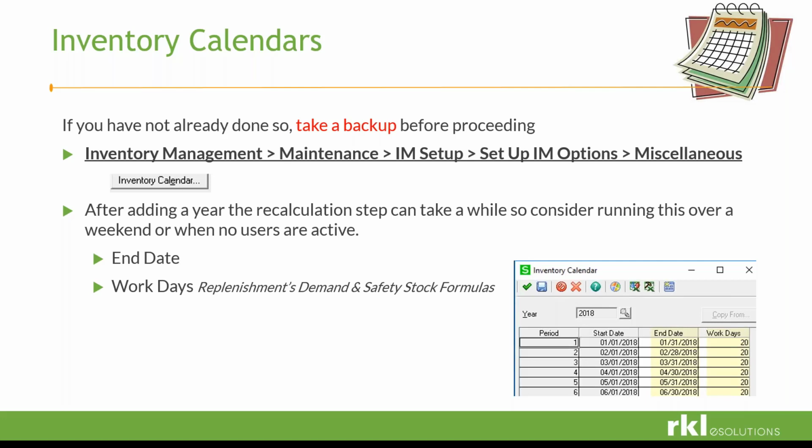When that new year pops open, it will default the number of work days and the end dates to match up with what was defined for the previous year. You've got the opportunity to edit those end dates or edit those work days in that grid before saving.